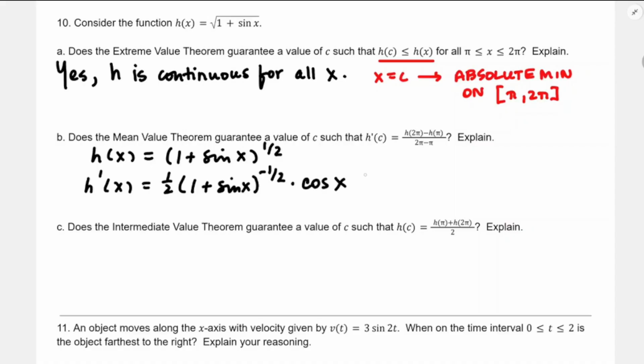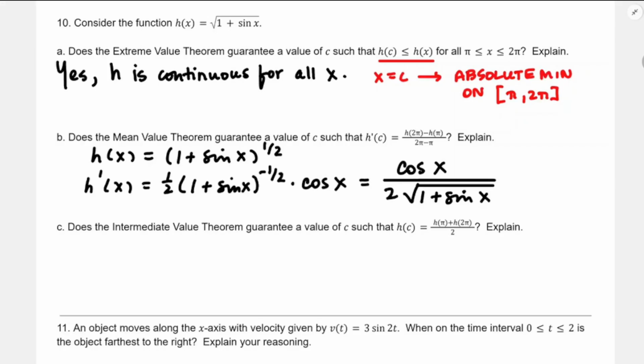Now I'm going to rewrite this, so that'll be a cosine x in the numerator. I think that'll make it easier to show you what's going on here. I'm going to have the 2 from the 1/2, and a square root from the negative 1/2 power, of 1 plus sine x.